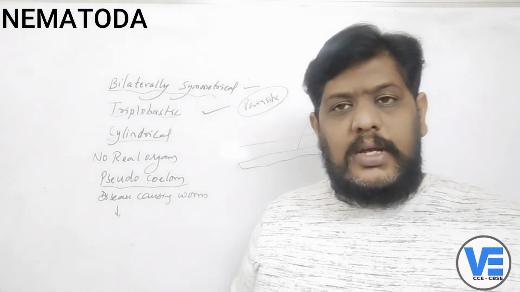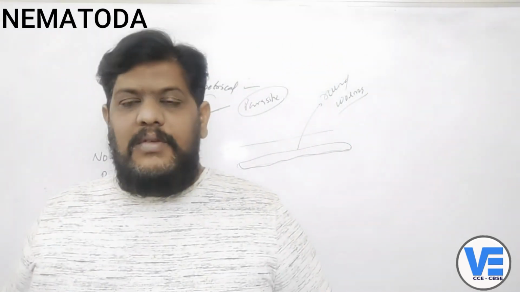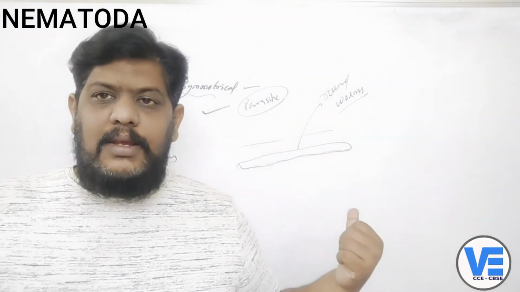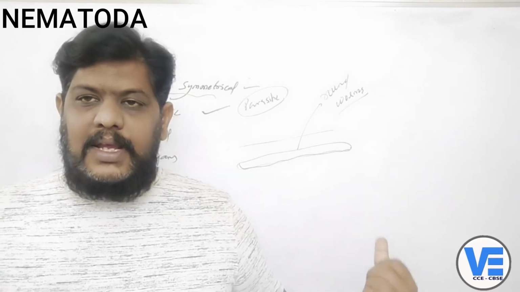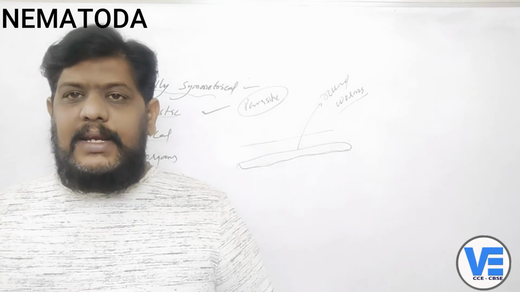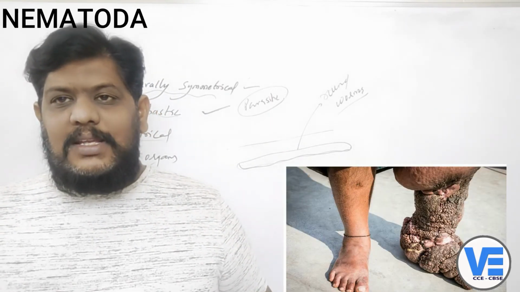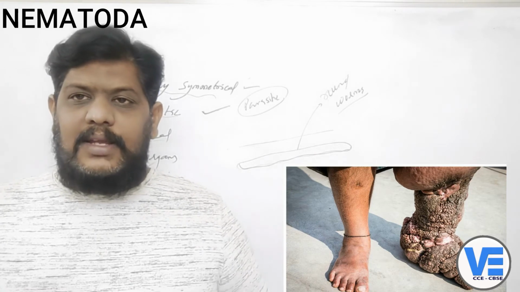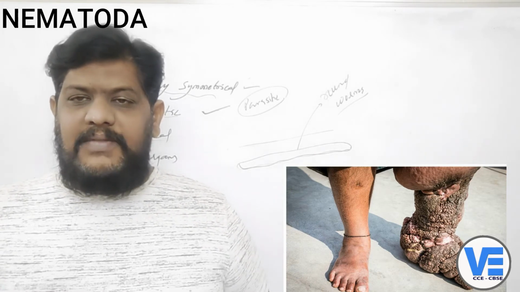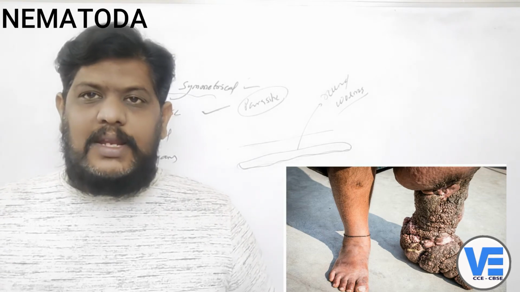So here you can see different diseases which are caused by the nematodes. These nematodes will cause a deadly dangerous disease which is called elephantiasis. You can see the normal leg and the other leg which is affected by elephantiasis, how big it has become, what kind of swelling you can see in that.